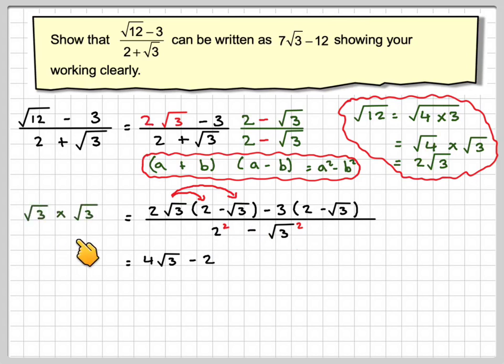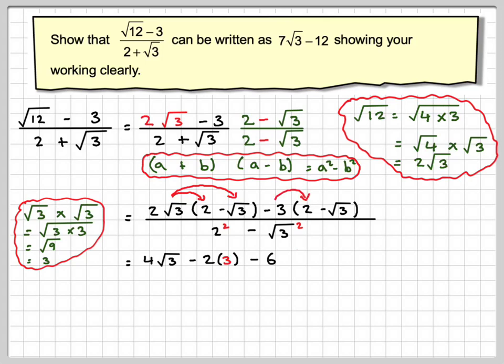So root 3 times root 3 is the same as doing the square root of 3 times 3, which is the square root of 9, and it is equal to 3. So this will become minus 2 times 3. And then we're going to do minus 3 times 2, we're going to get minus 6. And then minus 3 times minus root 3 will become plus 3 root 3. Be very careful with the sign there that you change it.